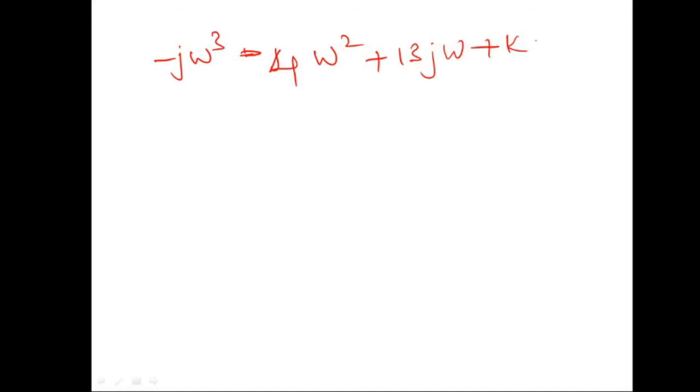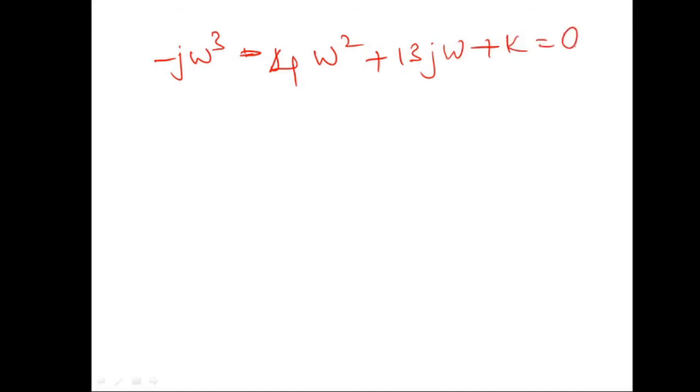Simplifying further, we get minus j omega cube minus 4 omega square plus 13 j omega plus k equal to 0.